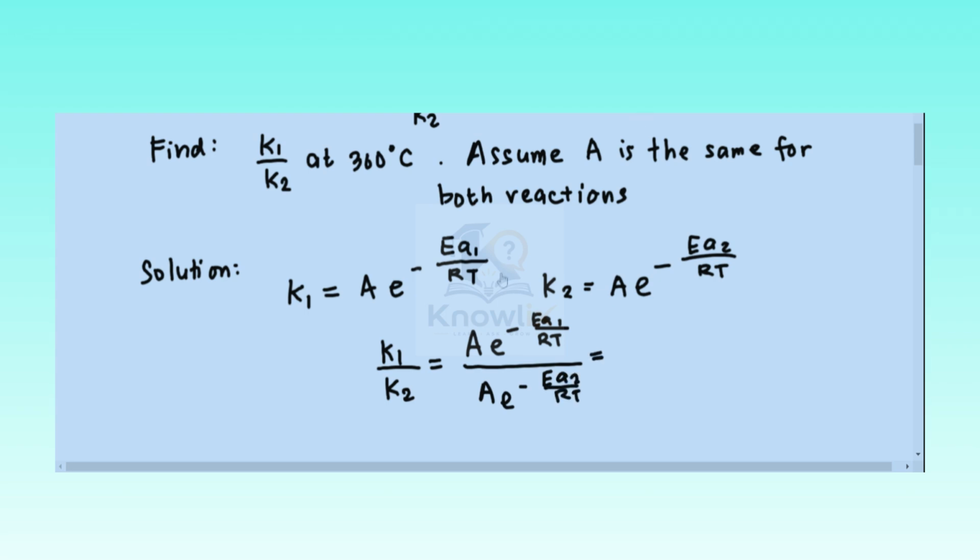I can cancel A since they mean the same, and I can combine these two exponential expressions as e to the negative 1 over T times Ea1 minus Ea2 over R.